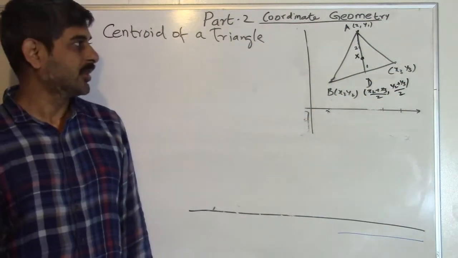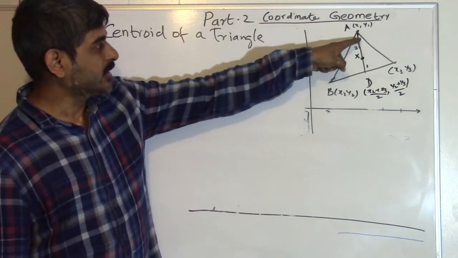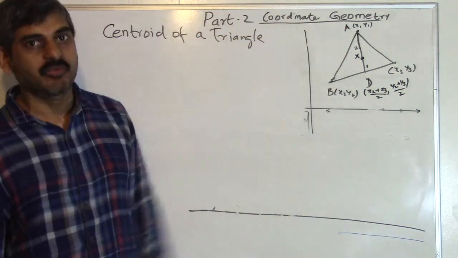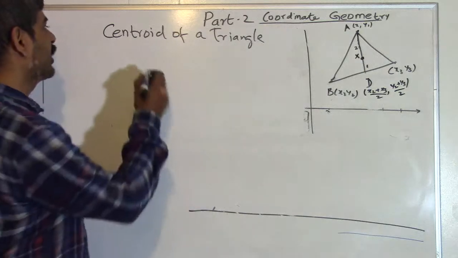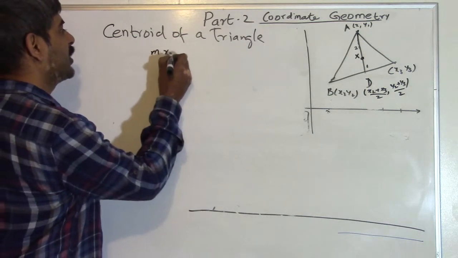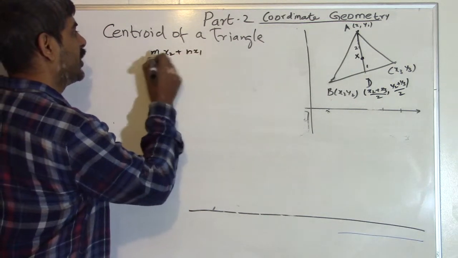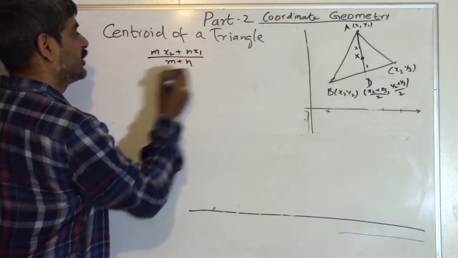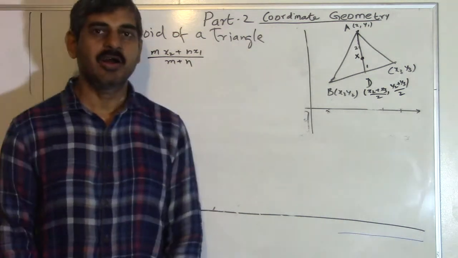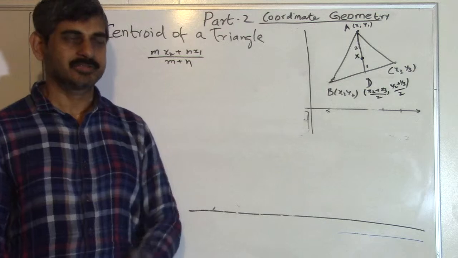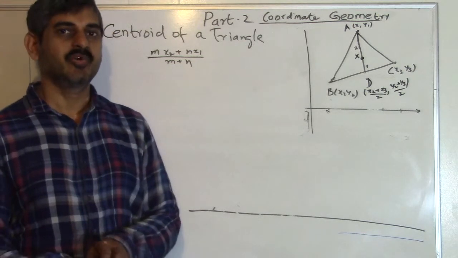That's the arithmetic mean. Now we can find the coordinate of this point, and we had the formula (m x2 plus n x1) divided by (m plus n). We had that formula from our last lecture. If you want, you can see the proof of that.